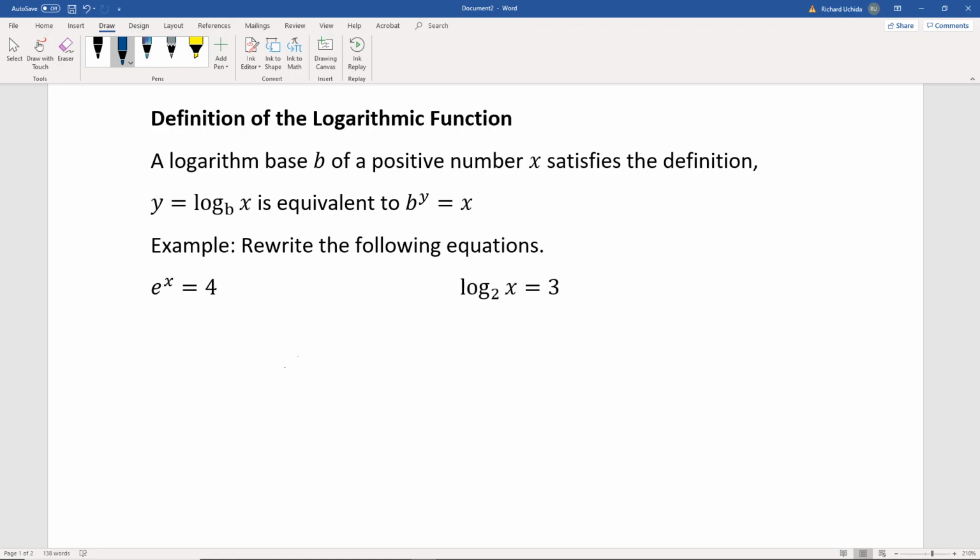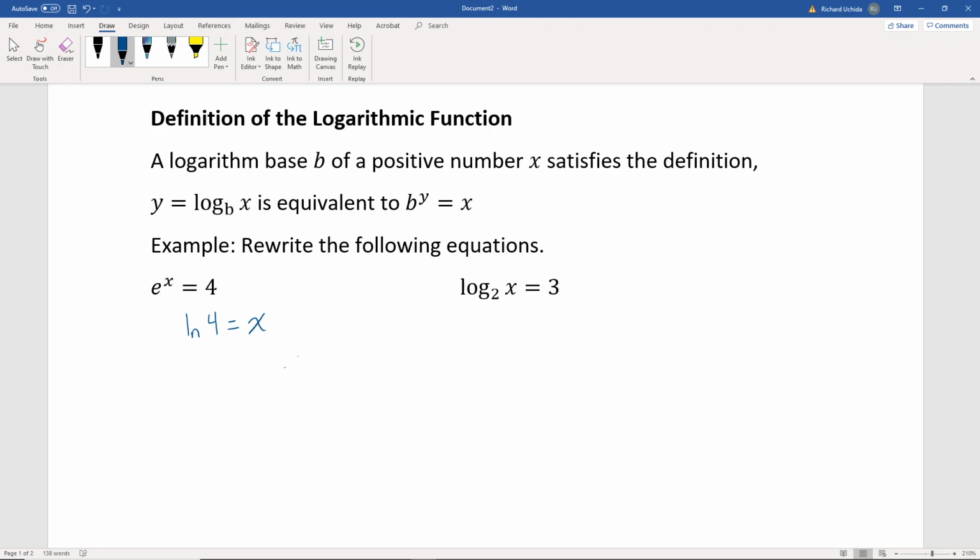Now remember, a logarithm with base e is the natural logarithm, and we write it with ln. So we'd have ln, and then what e to the x is equal to, the 4, would be inside the logarithm. So the natural log of 4 is equal to the exponent we need to raise e to get 4. That'll be x.